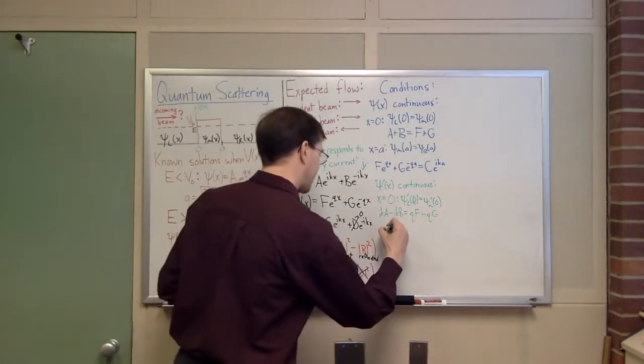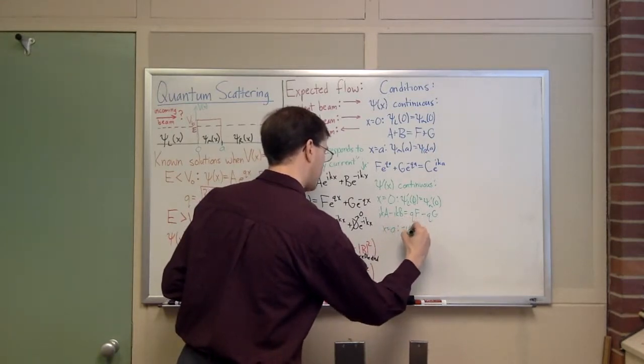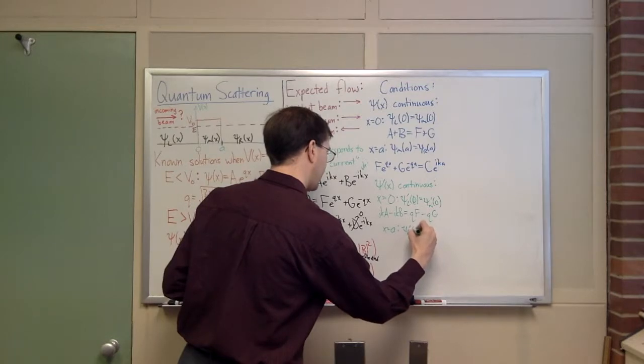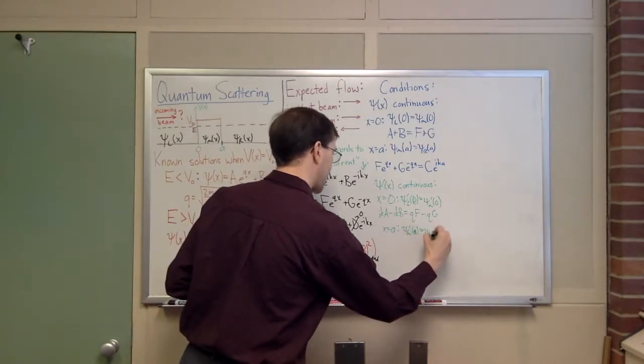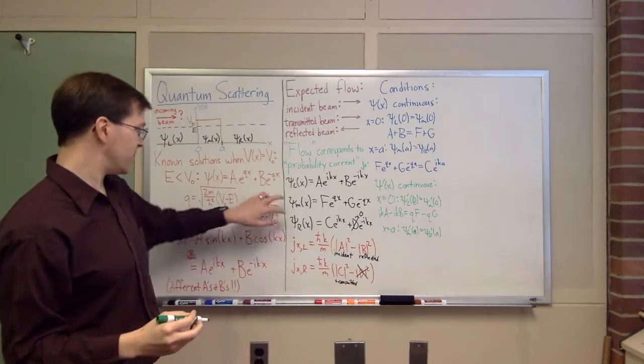And then at x equals a, I've got the same idea. Psi middle prime of a equals psi right prime of a. And there, again, I get an uglier equation.